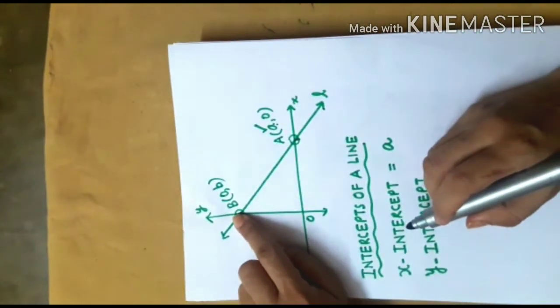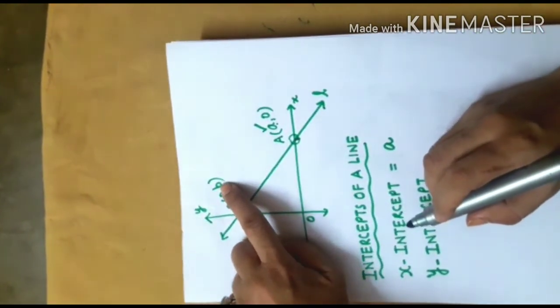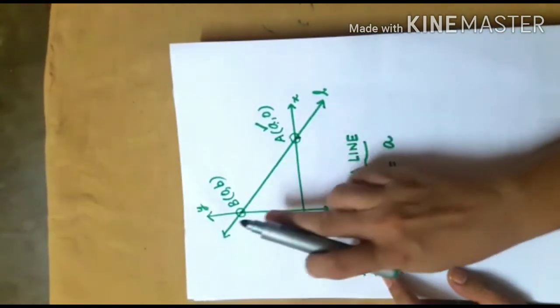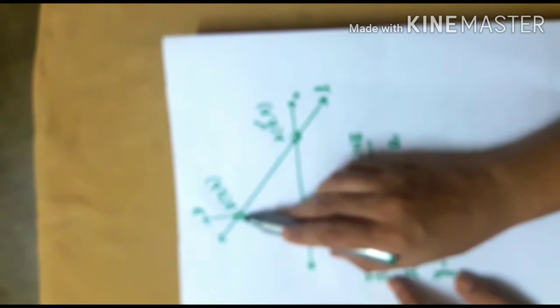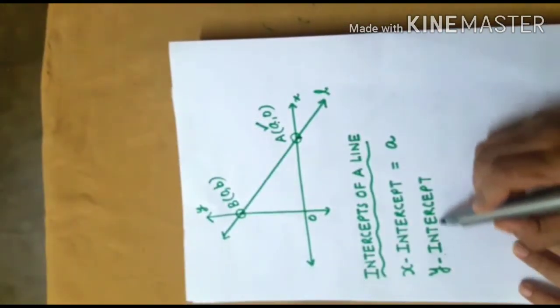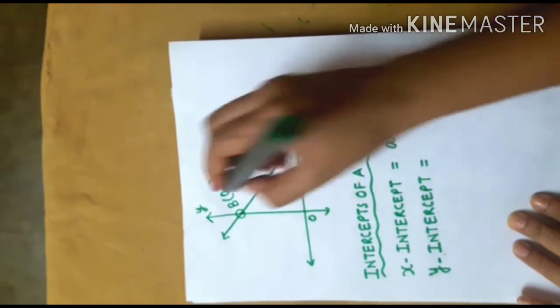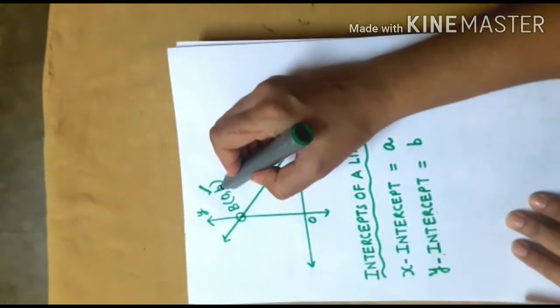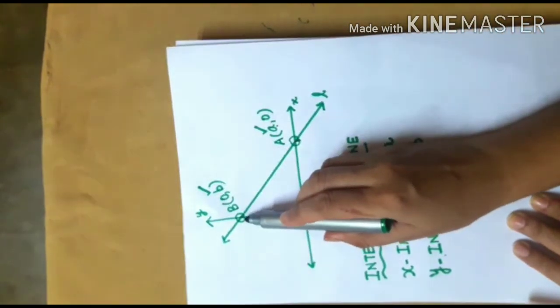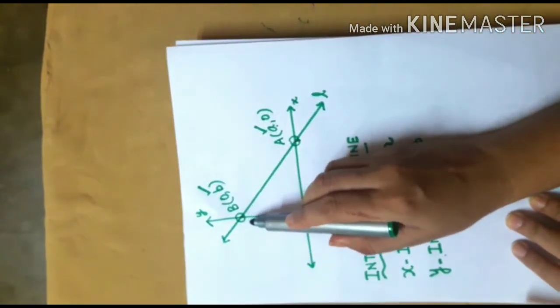So this point 0 comma b at which the line intersects the y-axis is called the y-intercept, and we write y-intercept is equal to b, the y coordinate of the point at which the line intersects the y-axis.